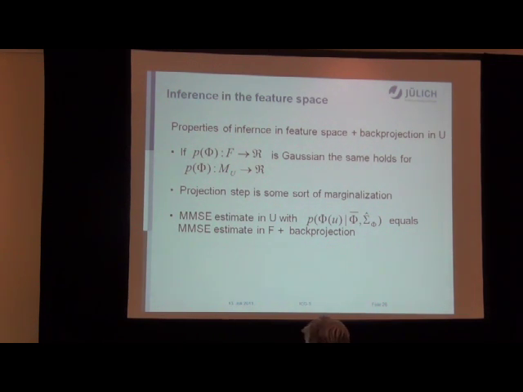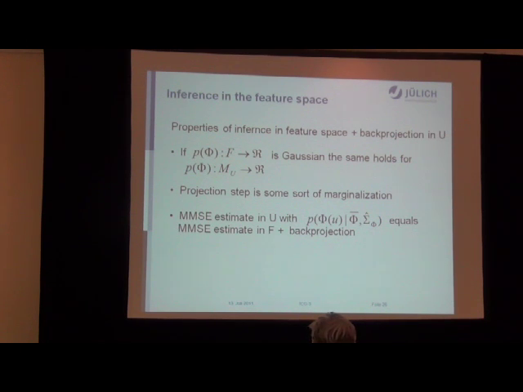So what can we say about the properties of this approach? First, if we design a probability density function in the whole feature space as a Gaussian, this also becomes Gaussian on the submanifold defined by the embedded data, up to a normalization constant.